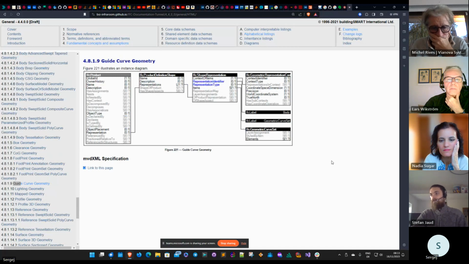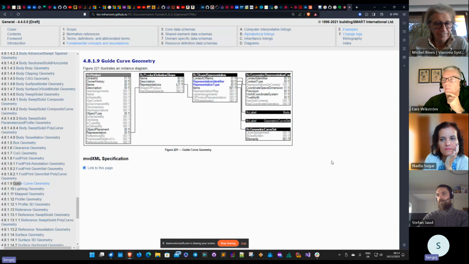It's not like it's every time the same, because obviously a geometric curve set cannot be used for clash detection, right? So if the use case is clash detection, then section solid horizontal makes a lot more sense to be required. But if the guidance of a machine is required, and these explicit Cartesian points have to be in the data set, then that has to be required.